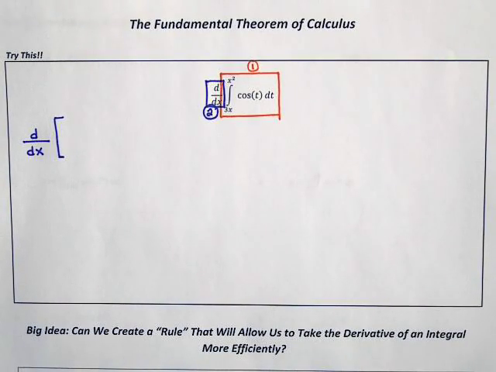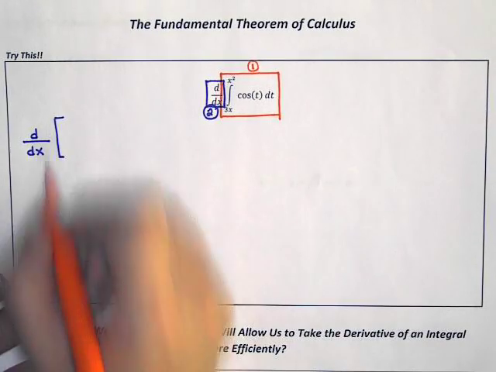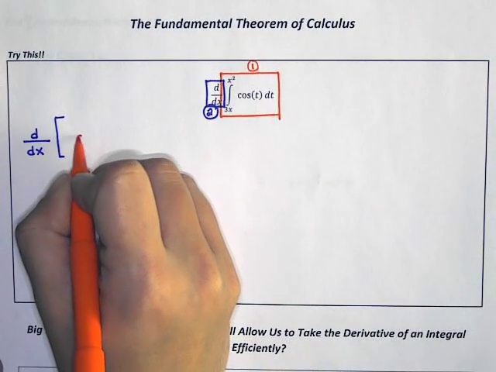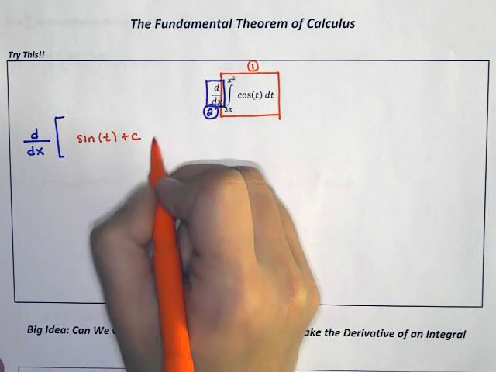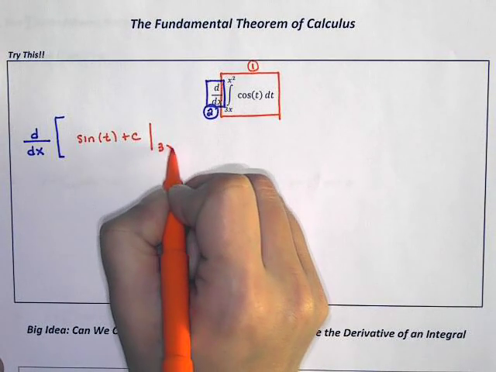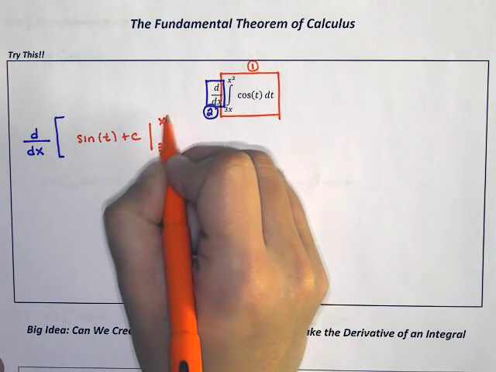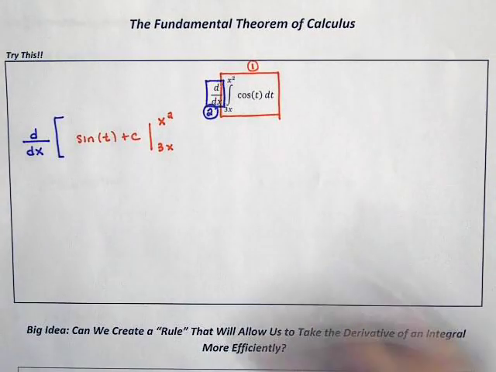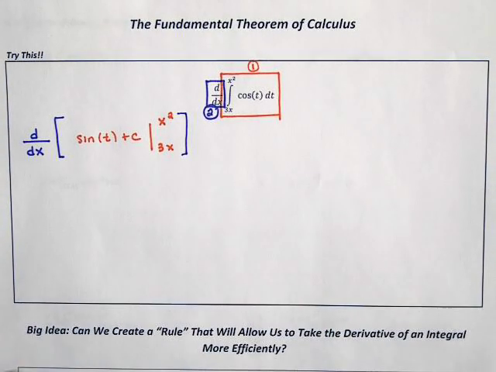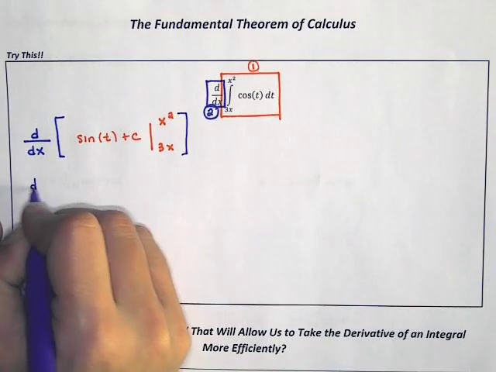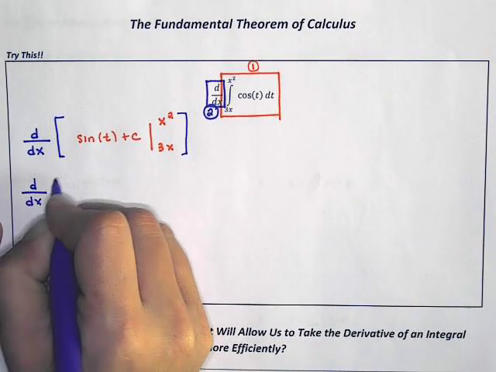And then we'll take the derivative of whatever we get. So in order to evaluate this integral, I'm going to need to start by doing an antiderivative. Now the antiderivative of cosine is sine of t plus c. And we're going to evaluate that between the lower bound, which is 3x, and the upper bound, which is x squared. In order to evaluate that, we're going to plug in our bounds, starting with the top bound.